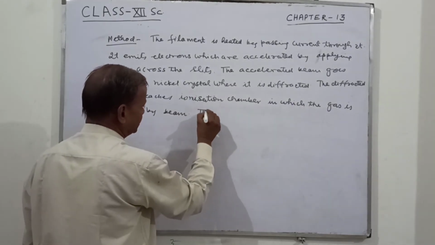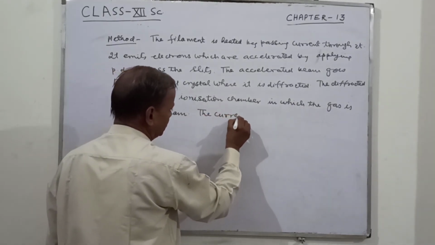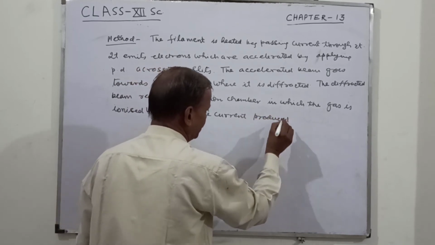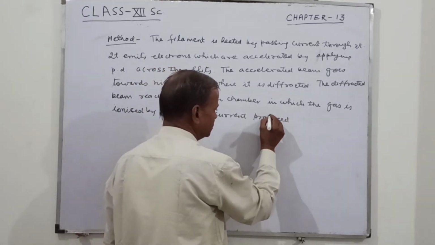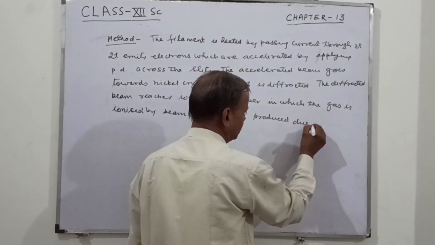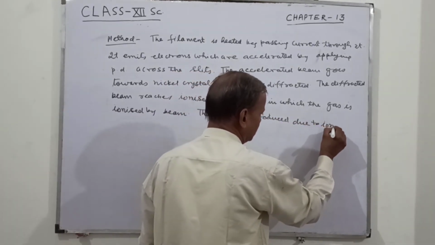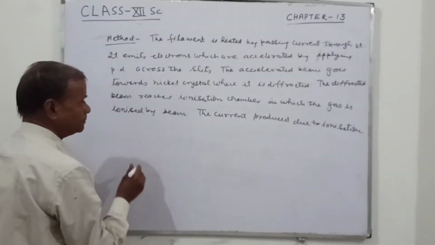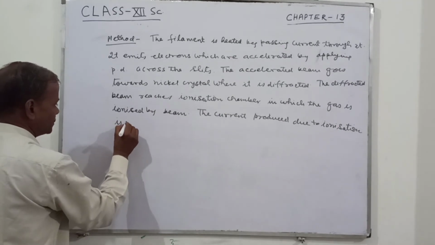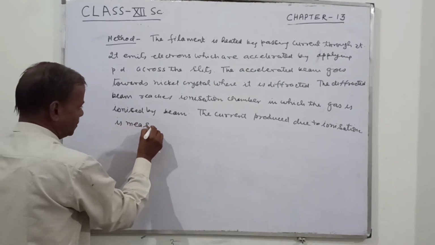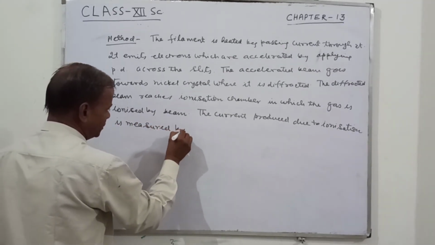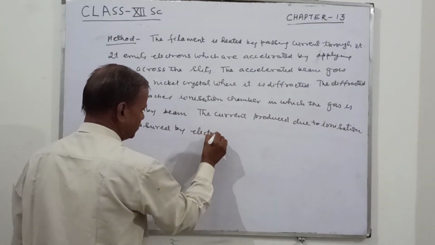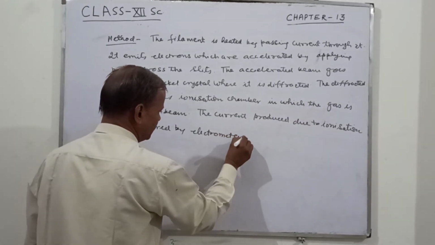The current produced due to ionization is measured by the electrometer.